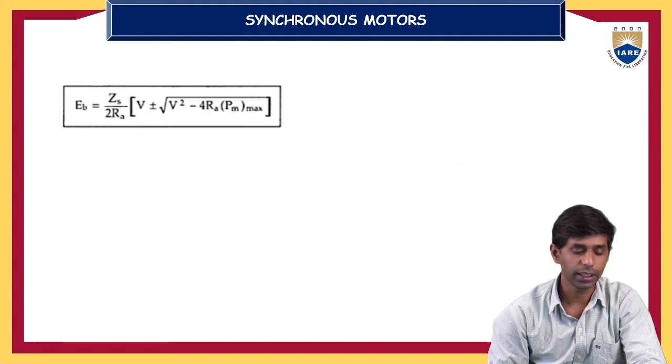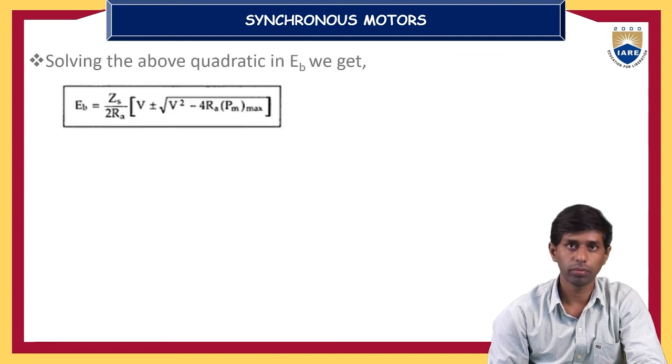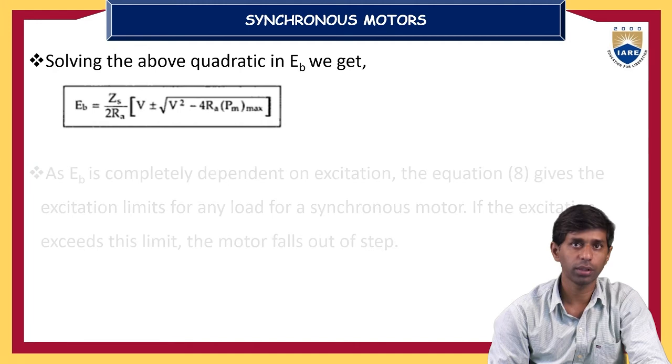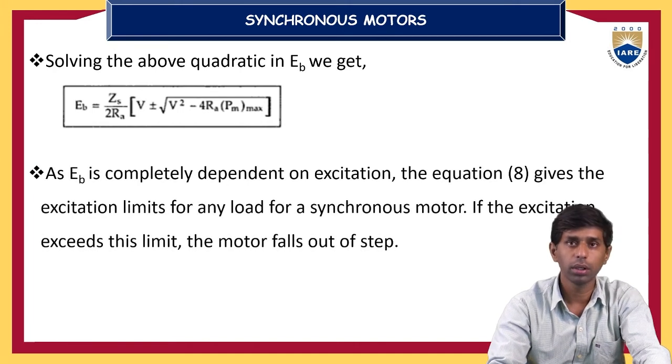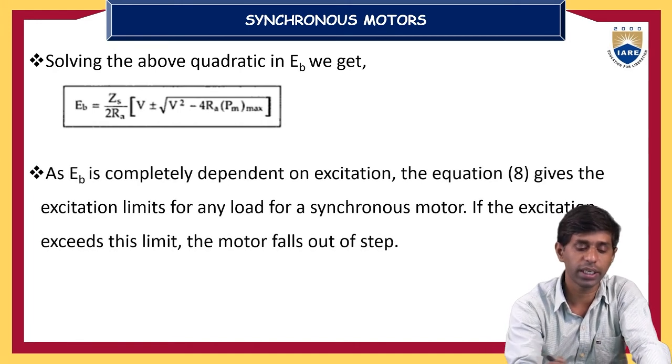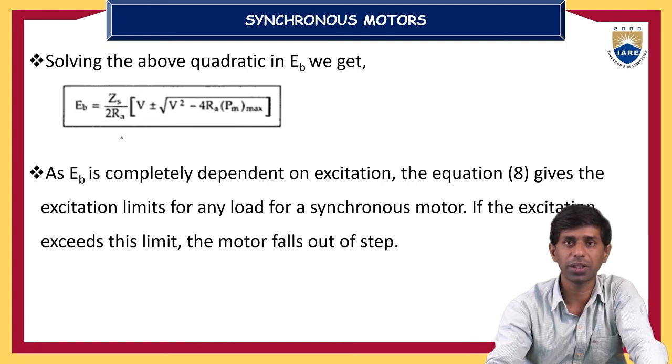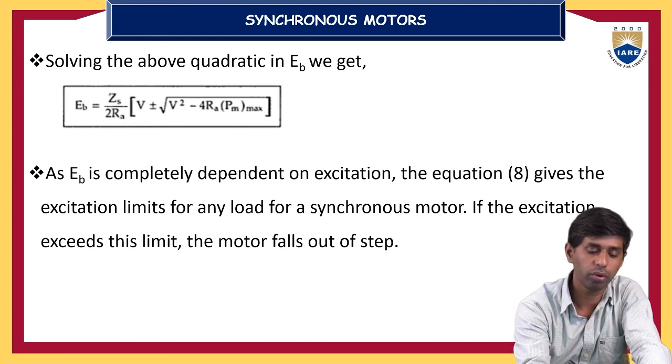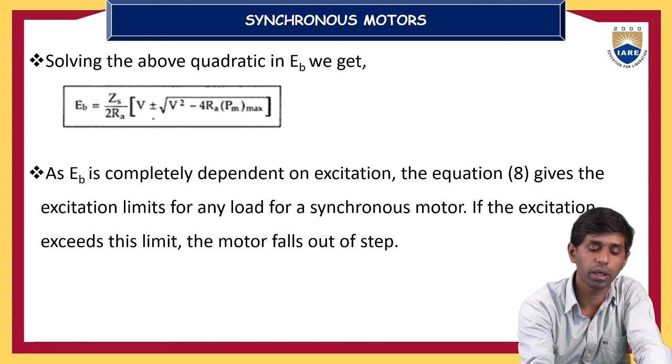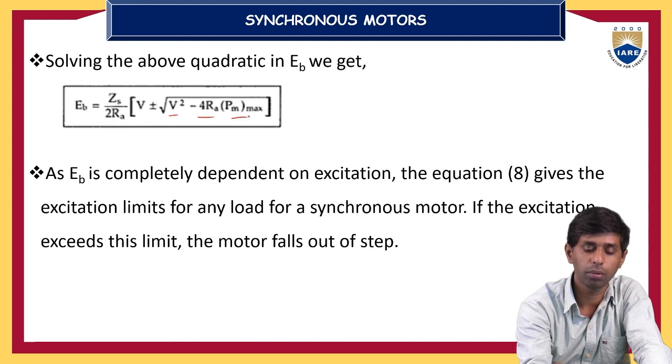You will get EB, knowing how to solve a second order quadratic equation, equal to ZS by 2RA, that is, minus B plus or minus square root of B square minus 4AC by 2A, the roots of the quadratic equation. Accordingly, you will get ZS by 2RA into V plus or minus square root of V square minus 4RA into PM maximum.